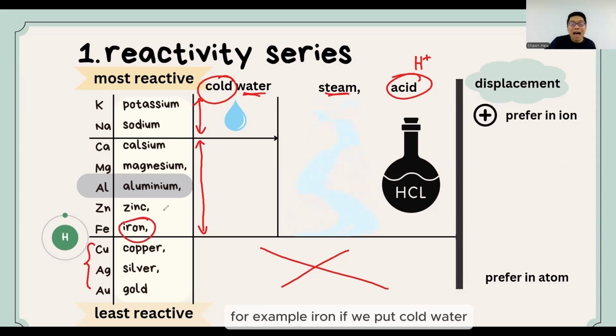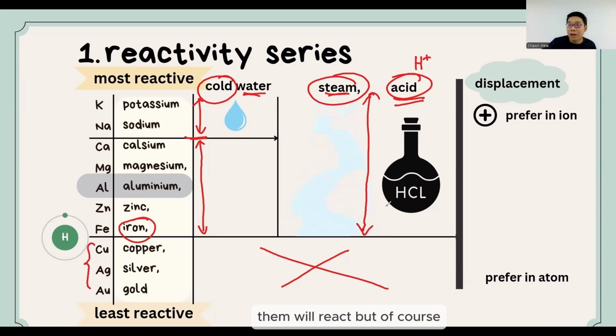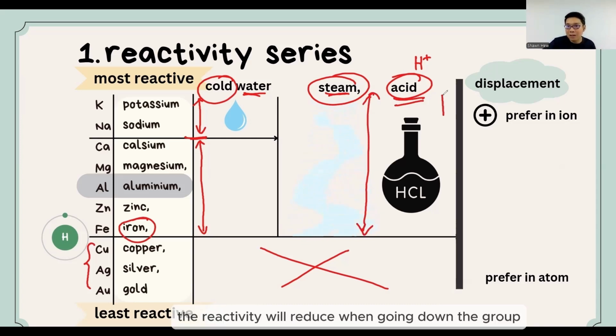For example, iron, if we put it in cold water, it won't show you immediate rusting. It will take time to rust. So that's why for water, especially the cold one, we will obviously see these two, but the others still have reaction, but slow. And then hot steam or acid, them will react, but of course the reactivity will reduce when going down the group.